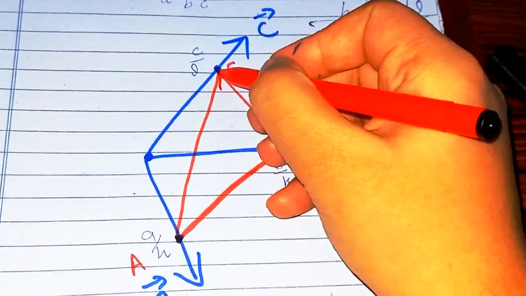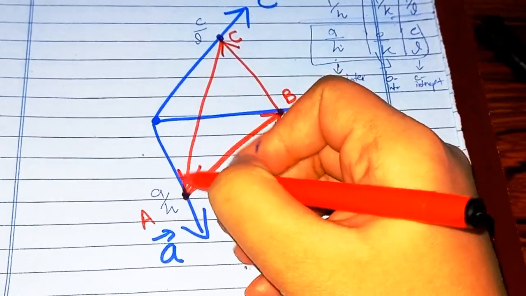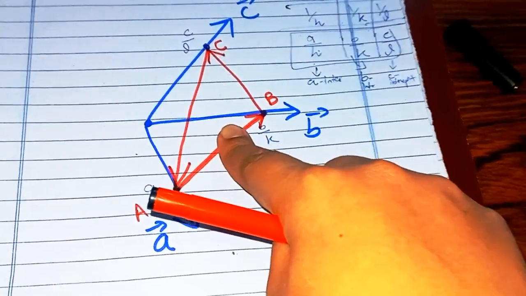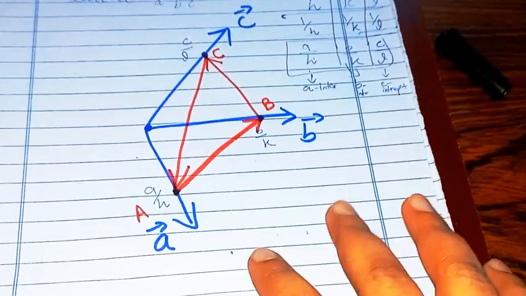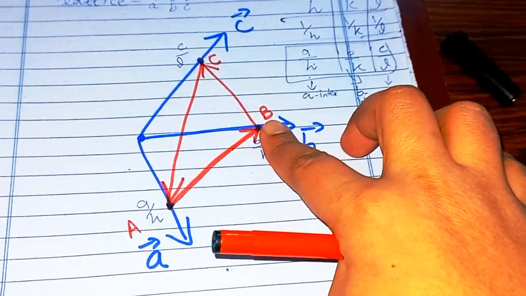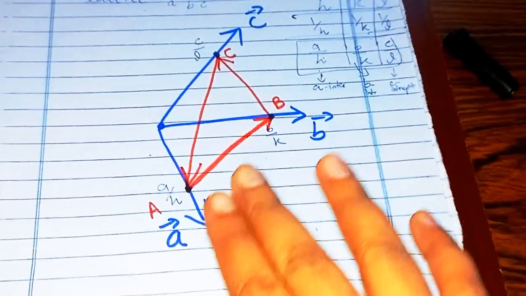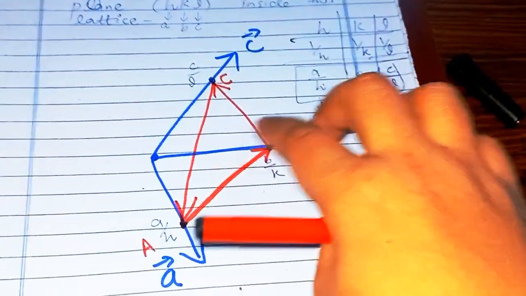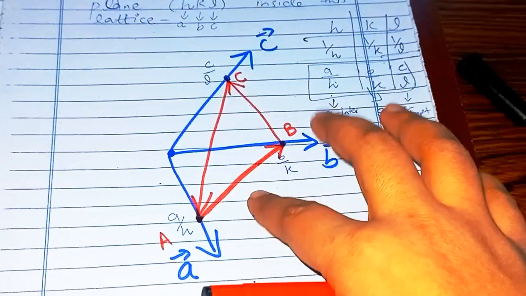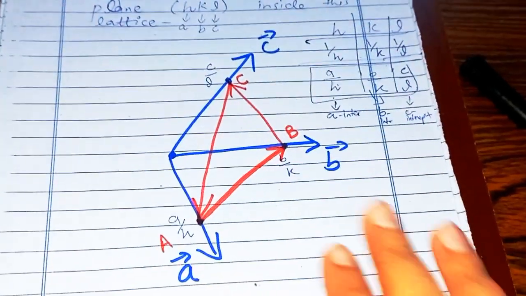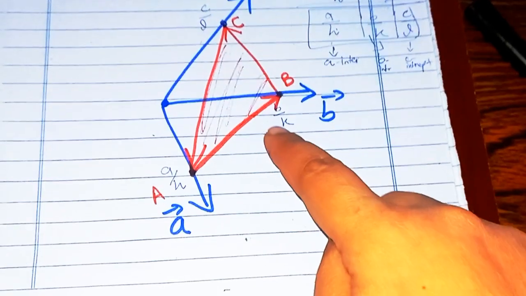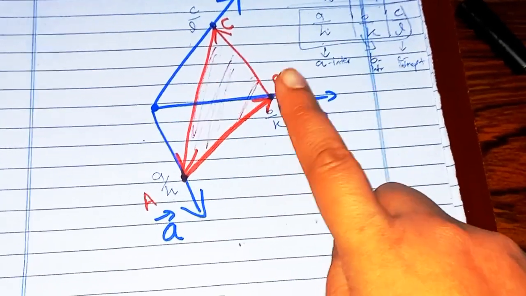I'm doing this because I want to prove that the G vector is perpendicular to this plane, and for that purpose I need to find vectors that represent this plane. By finding the dot product of the G vector with the vectors that define this plane, I can prove that G is perpendicular to it.